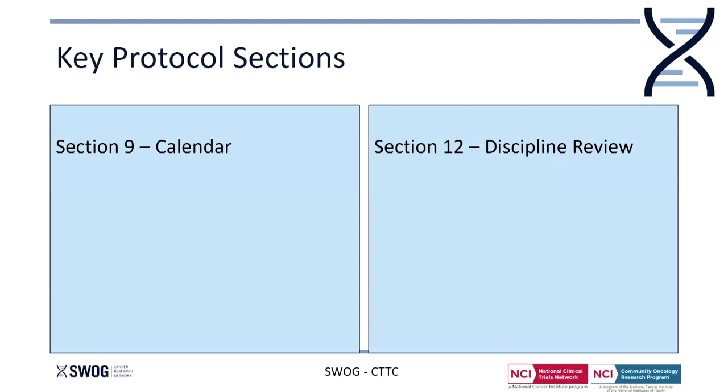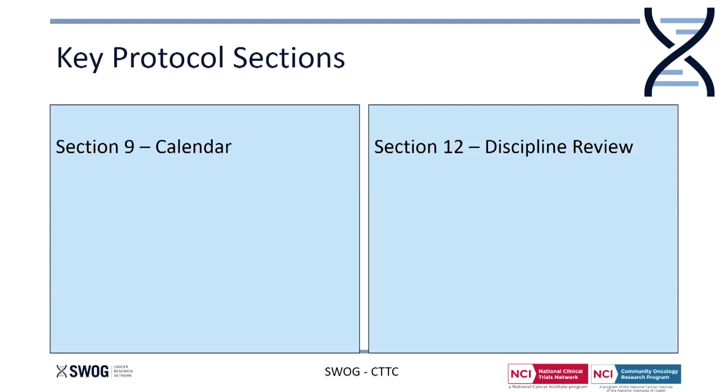Section 12 is a section of the protocol that we don't often use, but when we do use it, it's very important. So this is the discipline review section. So if you need to submit data that are not routine data that you would submit in RAVE on the data collection forms, but if you need to submit something for a real-time review, such as a real-time pathology review or real-time radiation planning review or real-time surgical review, that's where that information would be included.